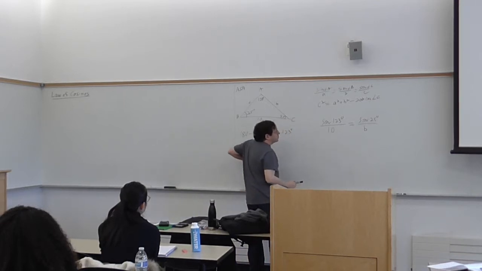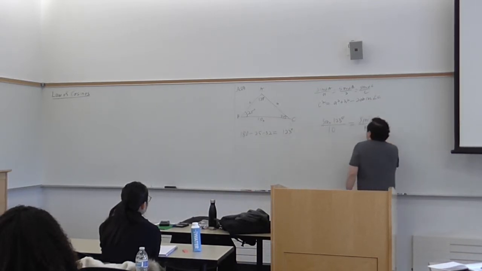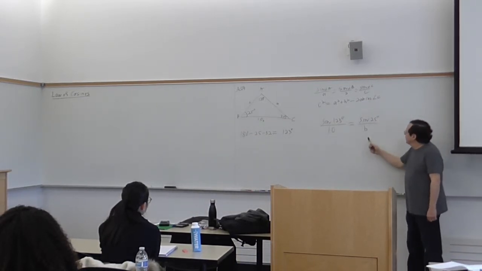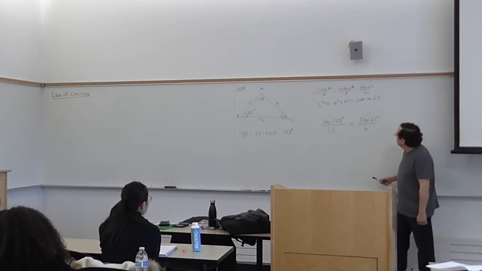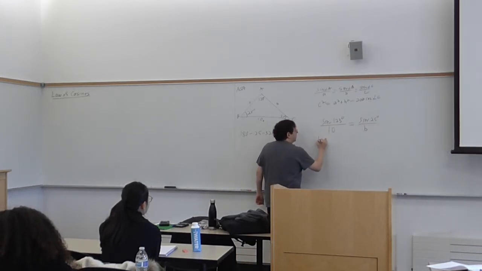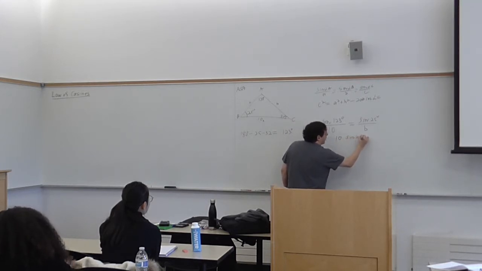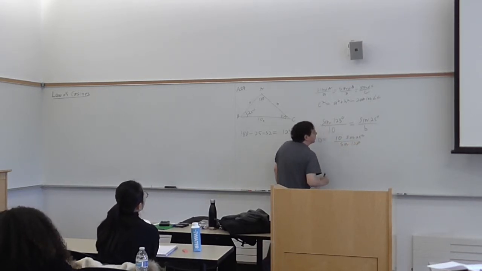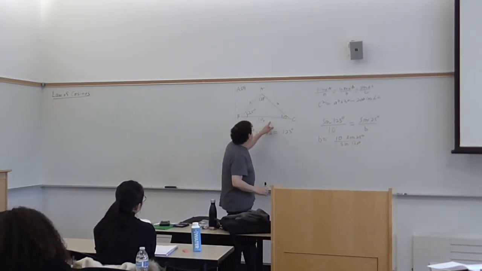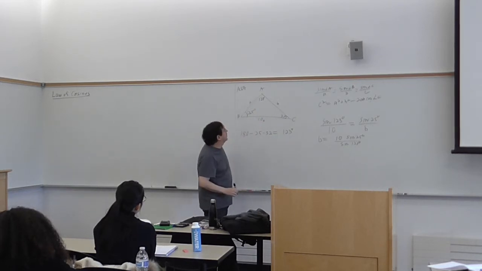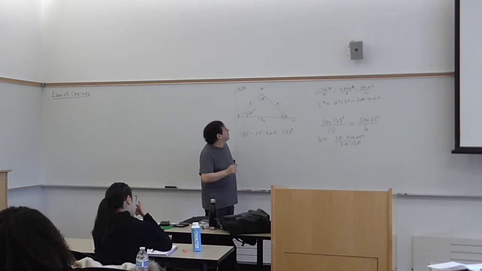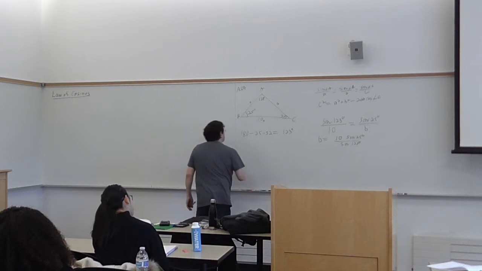And now we have an equation in one variable B, we can solve for B. B in this case is 10 sine of 25 degrees over sine of 123 degrees. And you can do the same thing with side C and angle C. Okay, that's angle side angle, that worked.